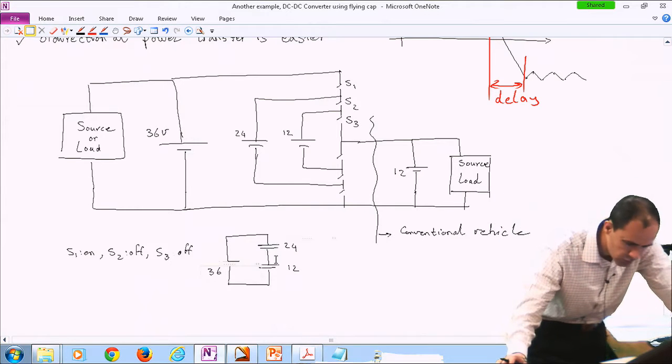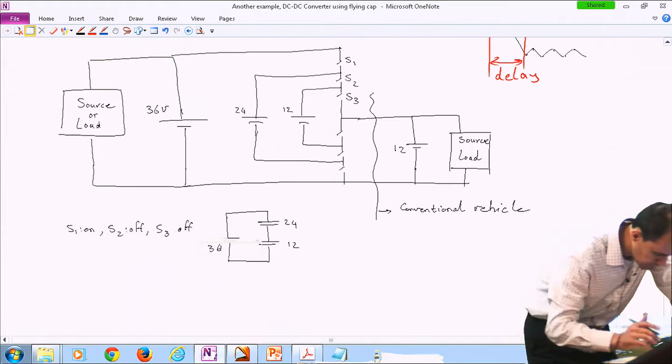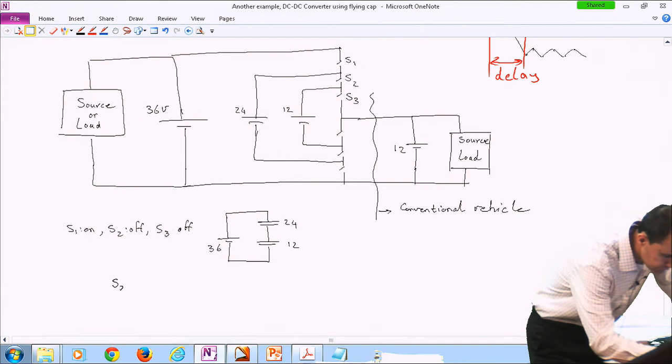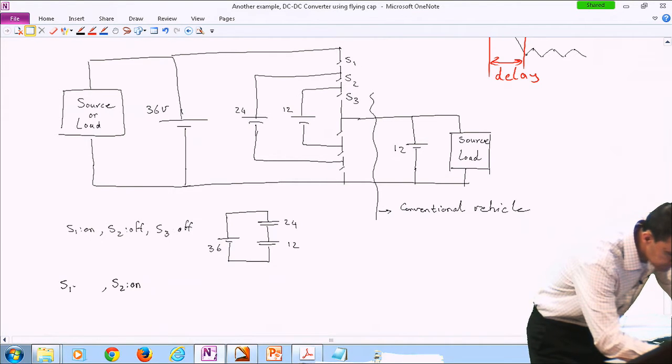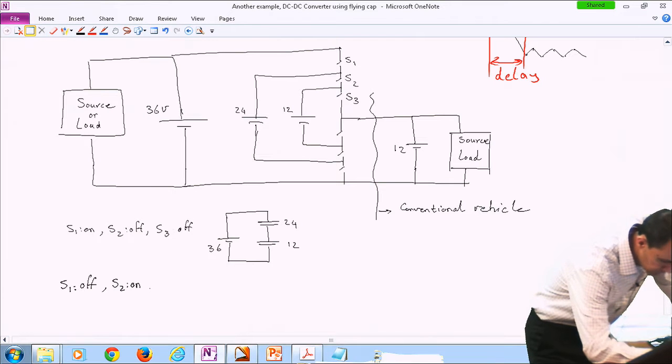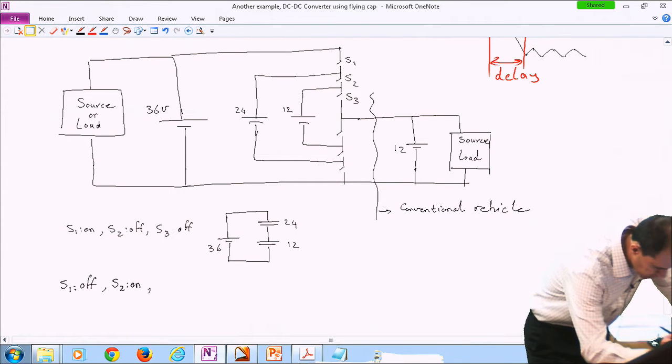And then you turn S2 on, S1 is off, and S3 is also off.